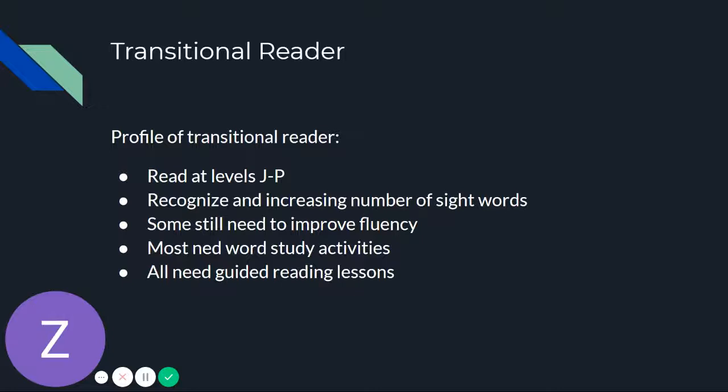It's important to note that some of these readers really struggle with comprehension, and that is something they need to work on. They also need to work on decoding and retelling. Those are some of the most important things to work on for a transitional reader.